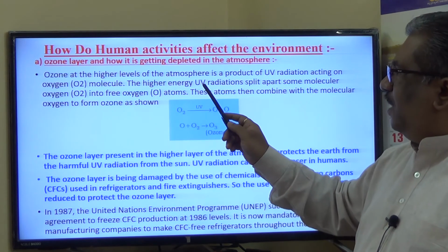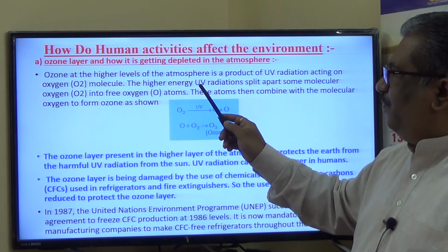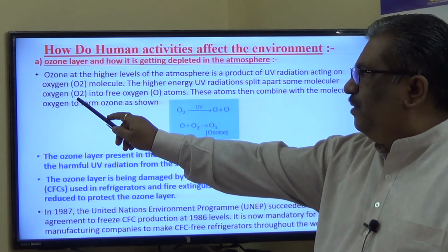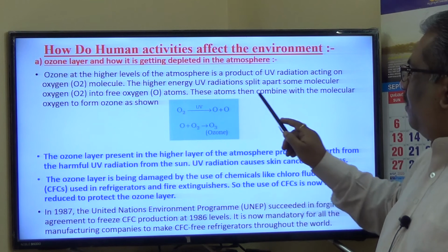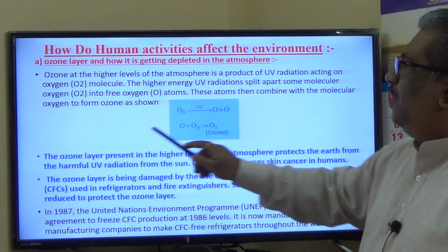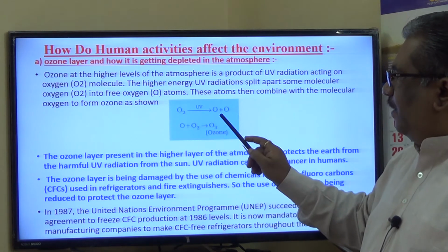That means ultraviolet radiations which are present in the sun rays are high energy UV radiations. They will split oxygen molecule into free oxygen atoms. These free oxygen atoms combine with molecular oxygen O2 to form ozone as shown here.